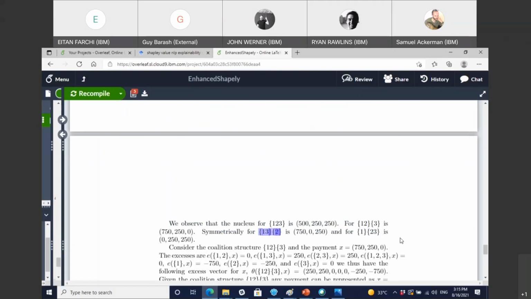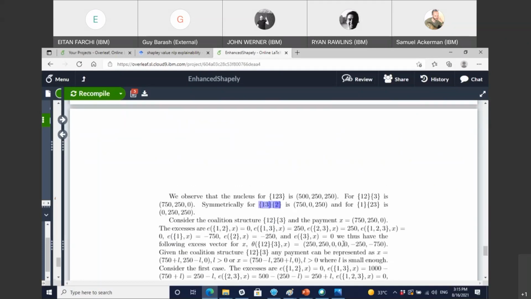So what is the idea of the nucleus? It's a very neat idea, actually. So given a payment and a coalition structure, say X is a payment, and we're thinking about the coalition structure that I talked about with Guy, 1 went with 2.